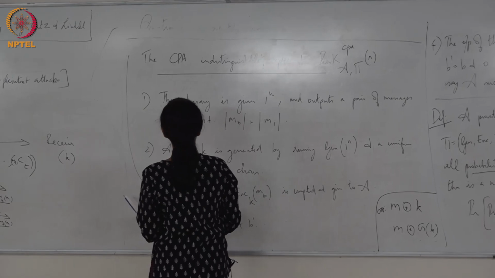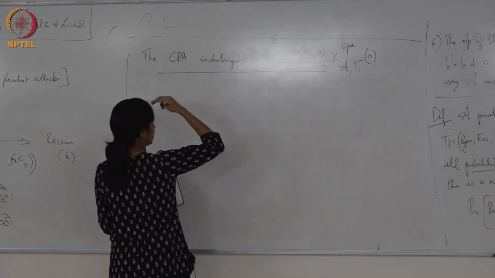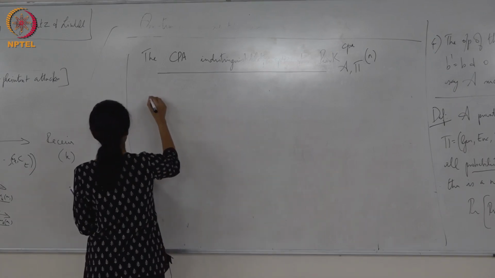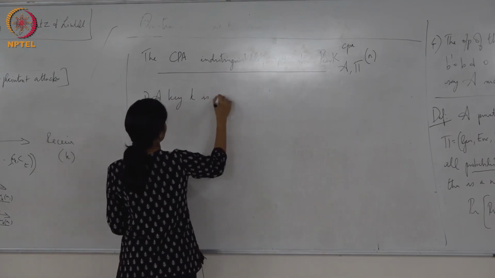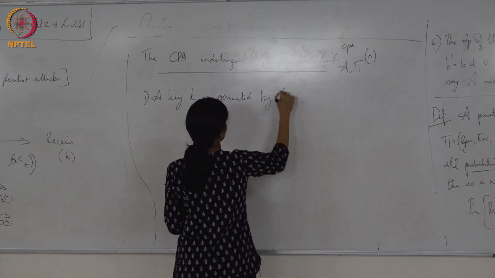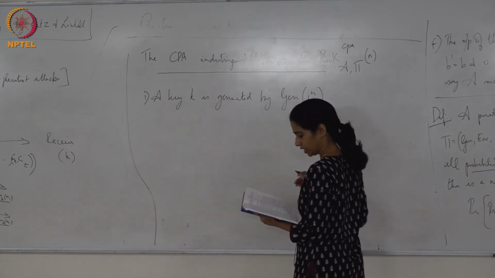Okay, so consider the following experiment for an encryption scheme pi, adversary A and value n for the security parameter. Now a key k is generated by running the key generation algorithm of pi on the security parameter 1 to the n.